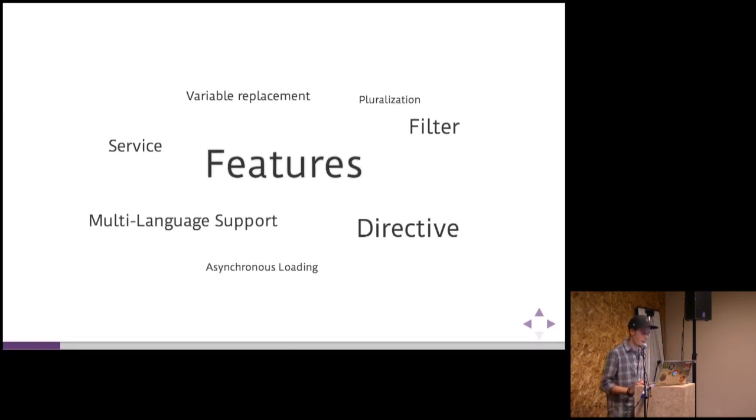This is done by using the message format JS library, which is pretty much the best thing I could find on the internet. We decided not to implement the whole pluralization feature in Angular Translate itself, but rather hook the message format JS library up to Angular Translate. So you're also able to do that.